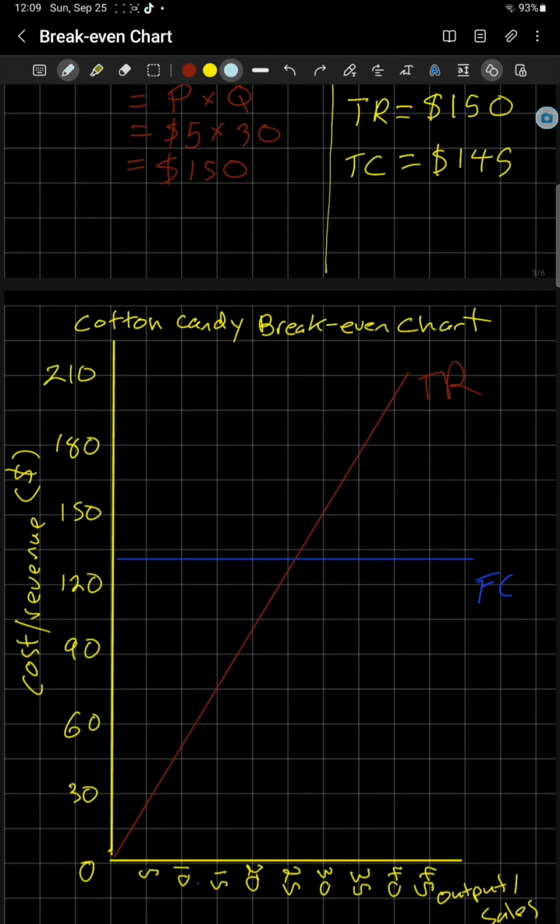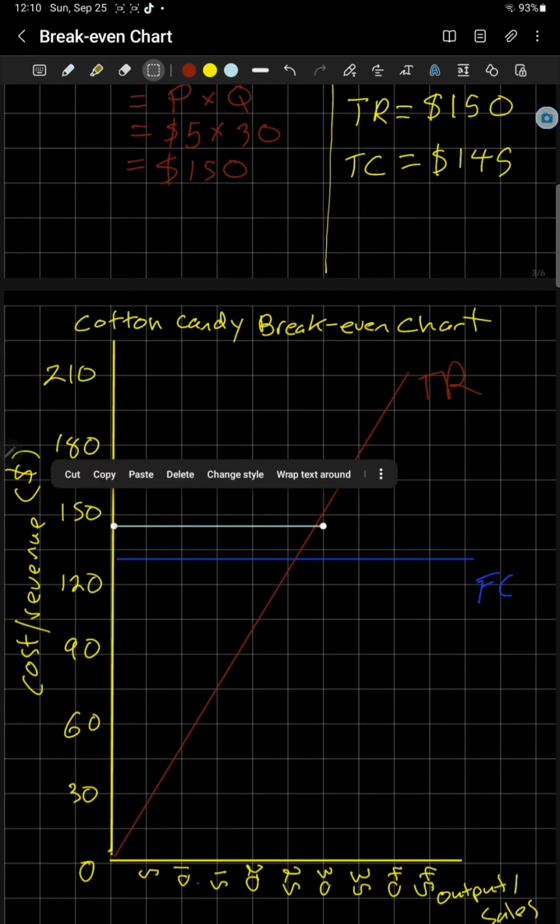The last line we want to do is a total cost line. Now we know if we have 0 sales, we still have to pay our fixed costs. That's why total cost at 0 sales is $130, which is here. And we already calculated total costs for 30 sales. That's $145. So that's about here. So we just draw a line connecting these two like that.